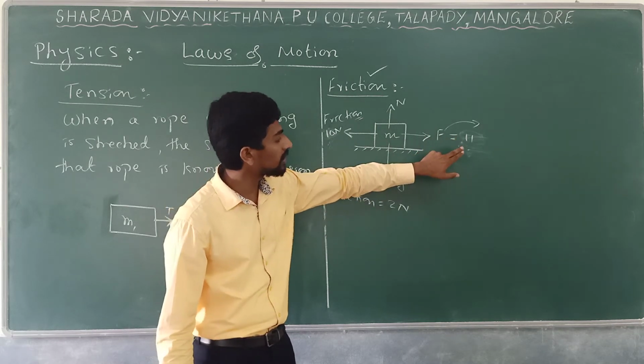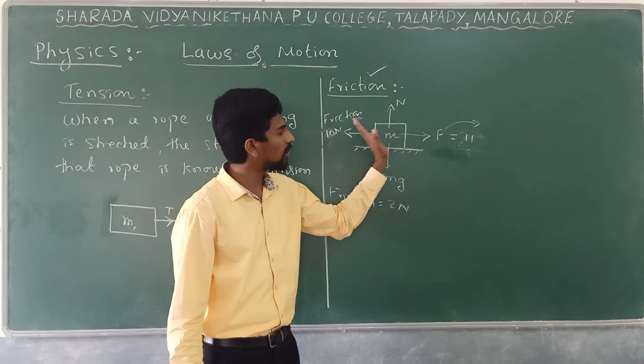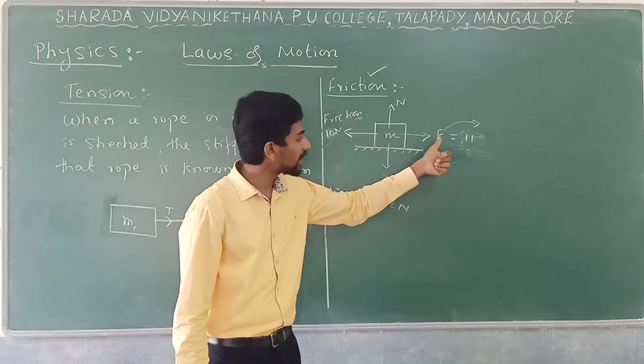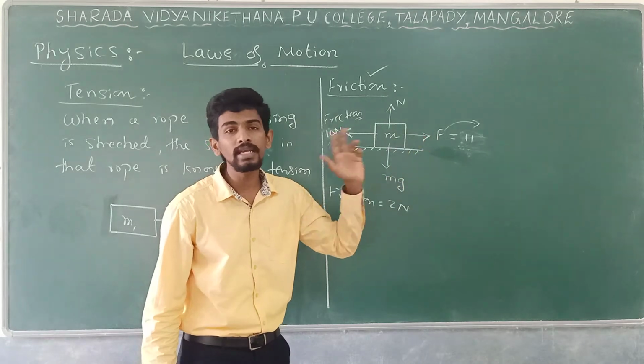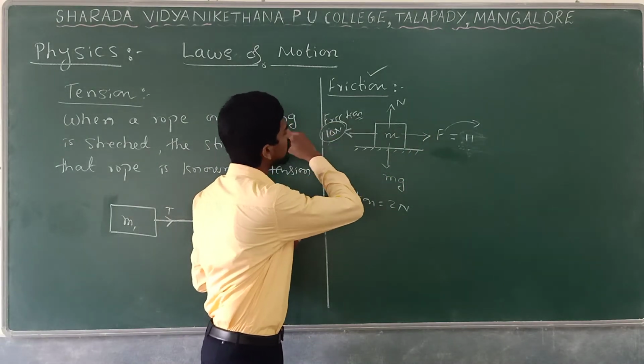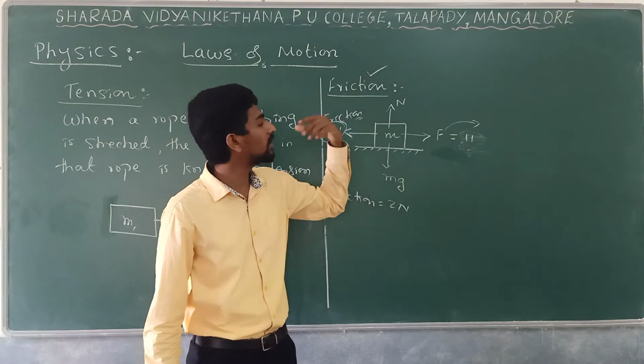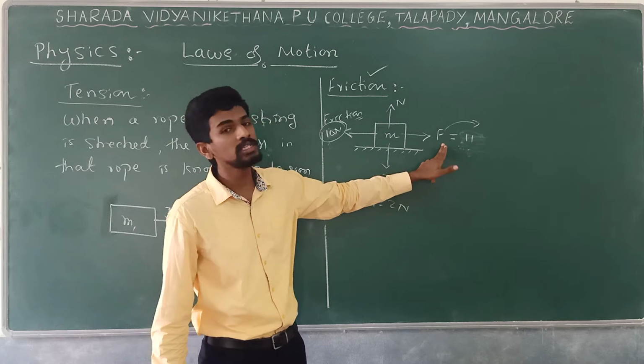If it is 10, friction is also 10. For example, this object starts moving only after you apply more than 10 Newton. After 10 Newton only it is moving.